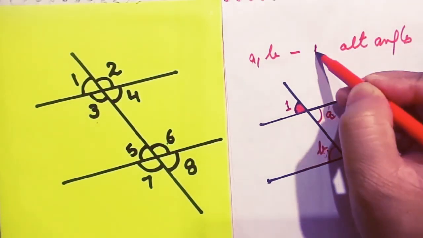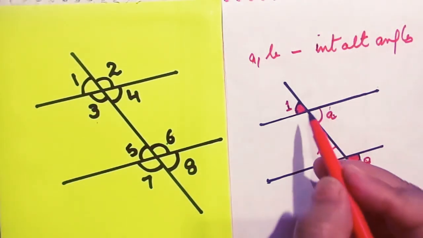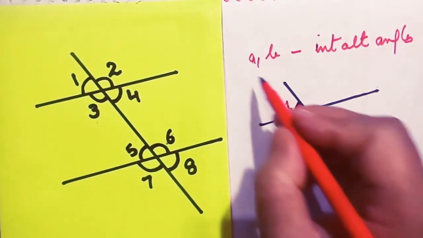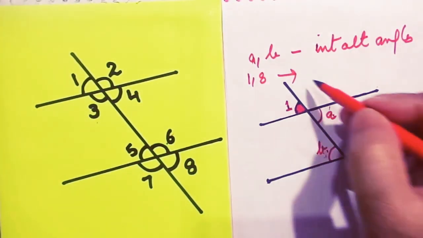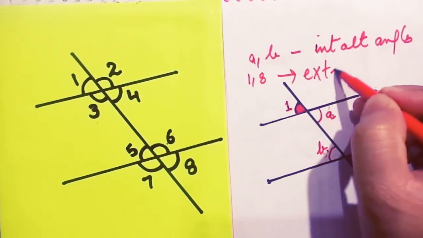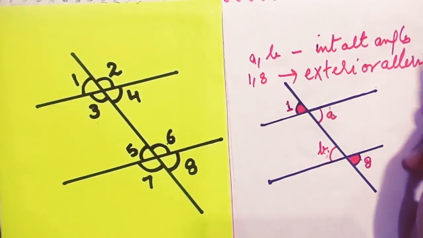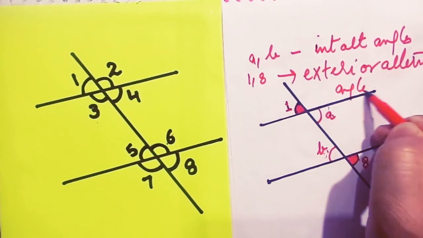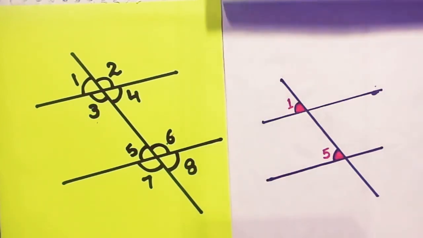You can say interior alternate angles. Therefore, this 1 and 8 are known as exterior alternate angles. Clear? Now, let's move on to the next one.